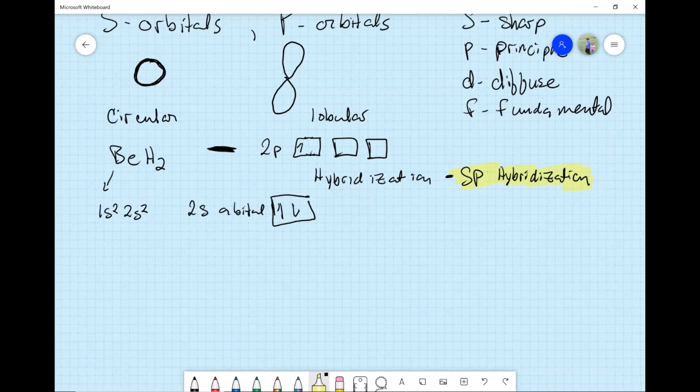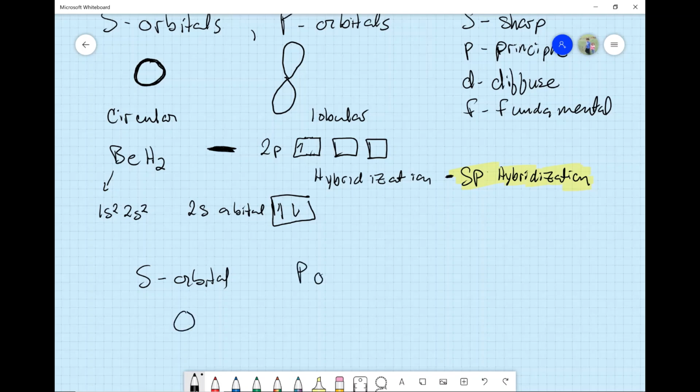Okay, and with sp hybridization, your lobes kind of start looking like this. So here's a p orbital, here's an s orbital. So let me just redraw it. Again, it's a circle.